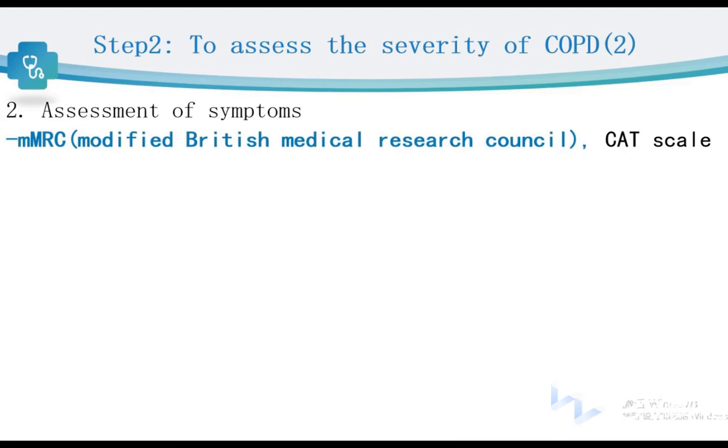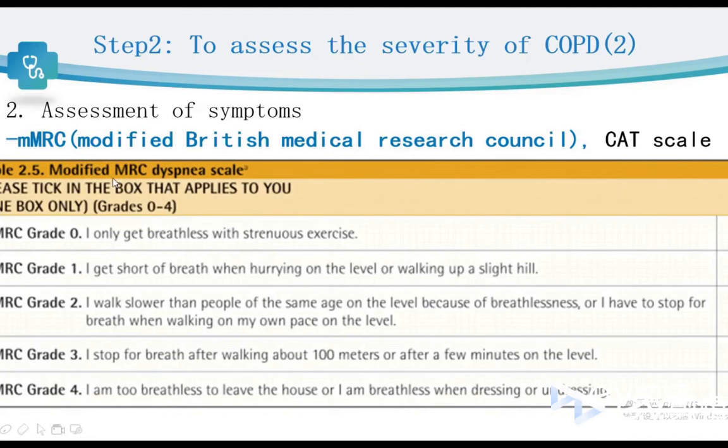The second assessment for the COPD patient is to assess the symptoms. There are 2 scales for us to use, but the most useful one is the MMRC scale. Let's look at this table.